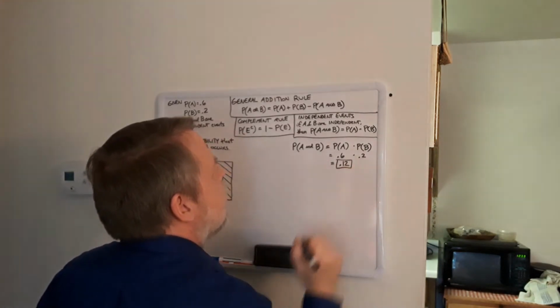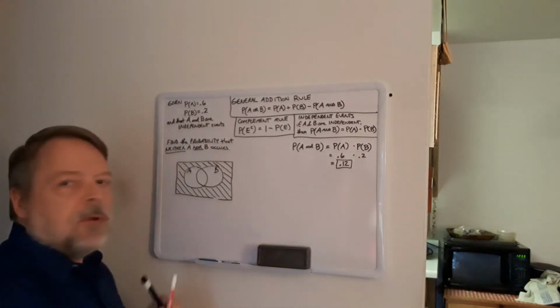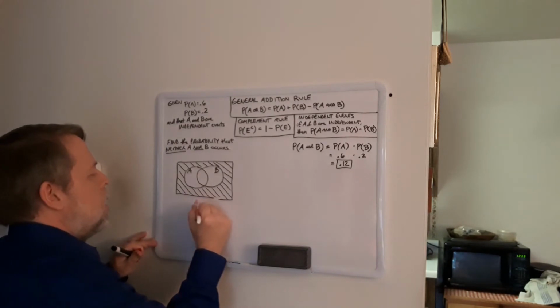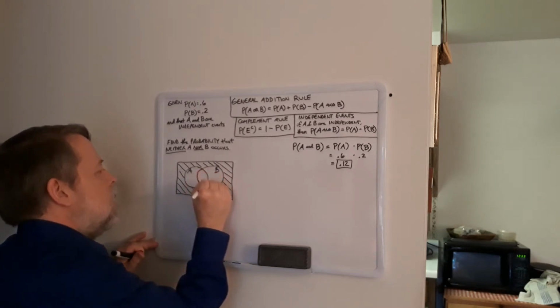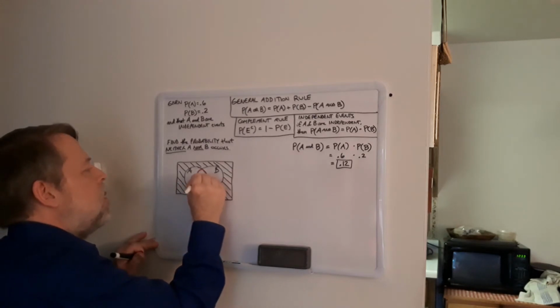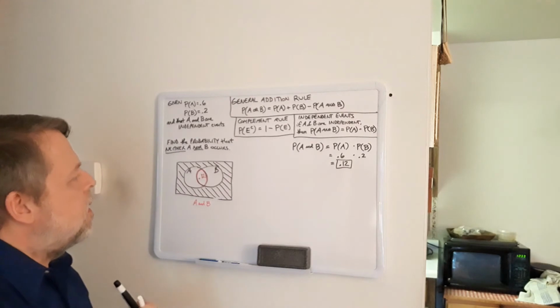So that is A and B. Now, to help you remember from previously, A and B, I'm doing in red here, that is this overlap. Okay? So now I found that overlap has a probability of 0.12. I'm going to label that 0.12 there. Okay?